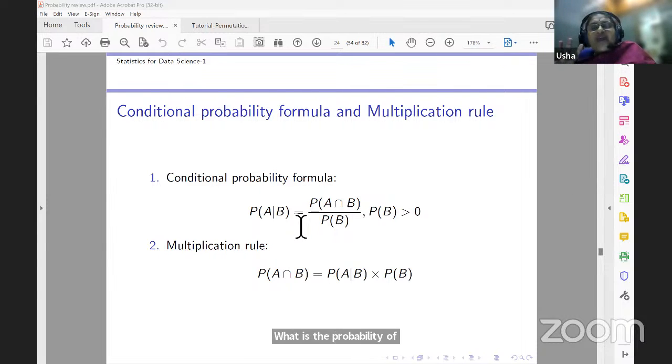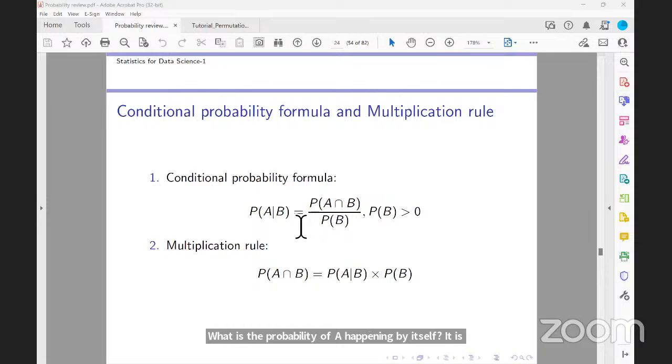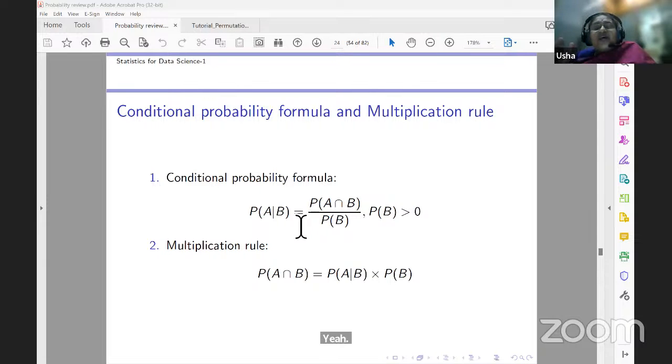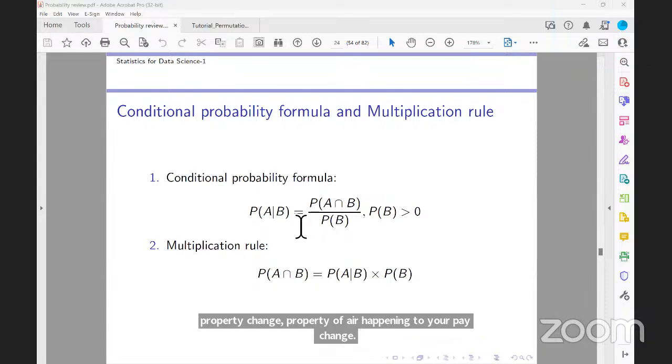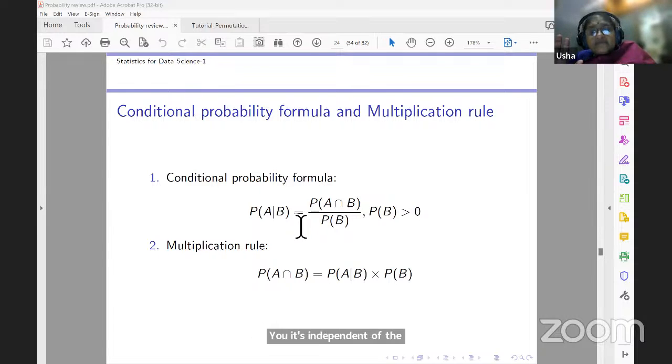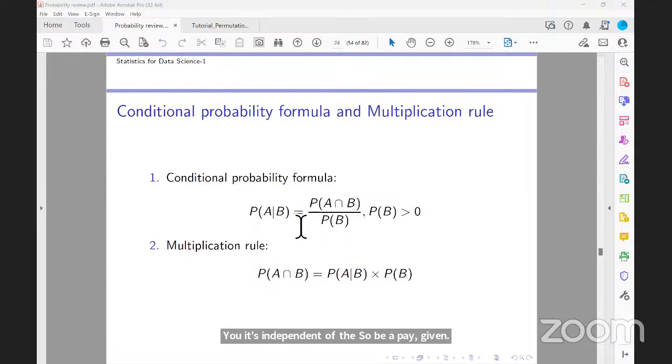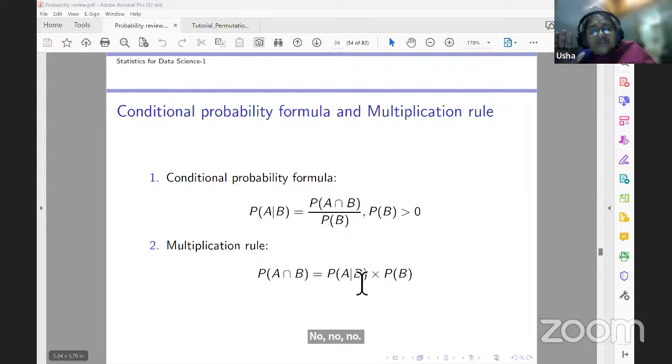It is P of A. If A is independent of B, will this probability change? B has no effect. So P of A given B will remain P of A. Would you all agree?